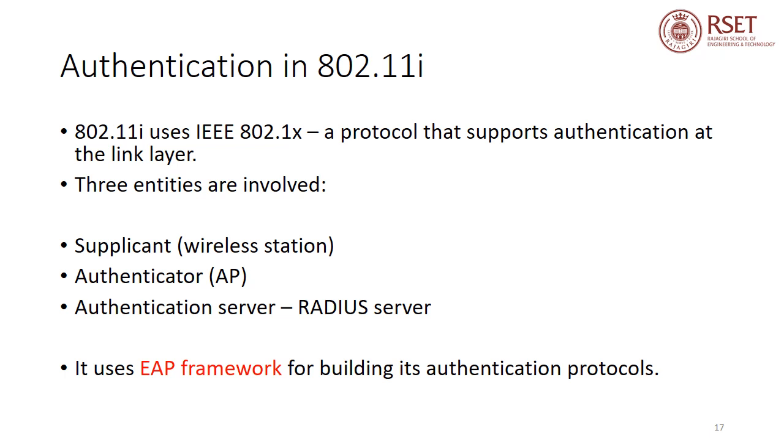Next, we need to see how authentication is done in this standard IEEE 802.11i protocol, or the WPA protocol. It uses IEEE 802.1x, a protocol which supports authentication at the link layer. Three basic entities are involved here: the supplicant, or the wireless station itself; the authenticator, which is the access point; and the authentication server, which will basically be a RADIUS server.